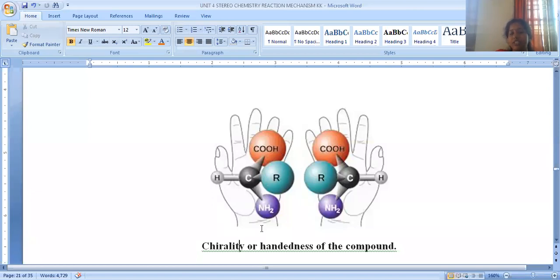COH, COH, NH2, NH2, H. This is called chiral, and this is also called chiral, and both have a handed relationship. A handed relationship is also called a mirror image relationship. Both are called chiral molecules. Both are called chiral isomers actually. So this is about chirality and handedness between two isomers.